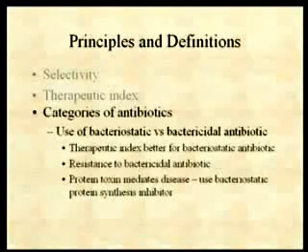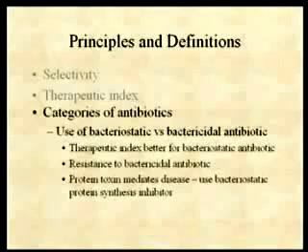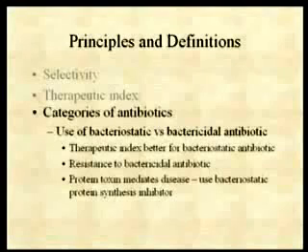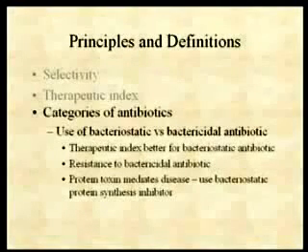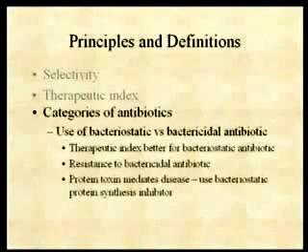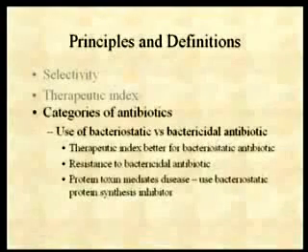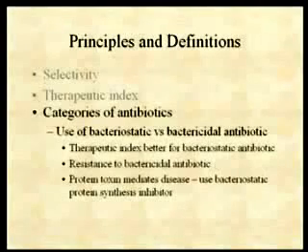And there are some instances, particularly when the disease is mediated by a protein toxin, where you're going to use a bacteriostatic protein synthesis inhibitor. The reason for this is that if you use a bactericidal antibiotic, in this case when the disease is toxin mediated, it takes some time before you kill the bacteria with the antibiotic.